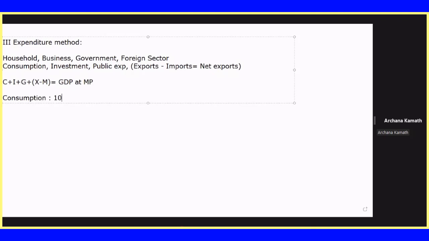I'll give you one example. Consumption is 1,000. Investment by business firms, 1,500. Government expenditure, 1,500. Exports of this economy are 500. Imports are 1,000.